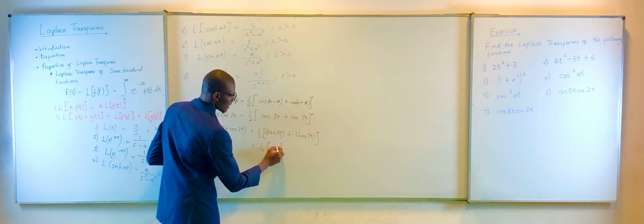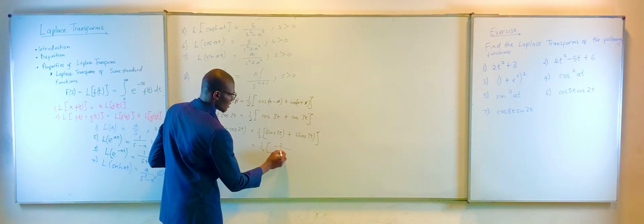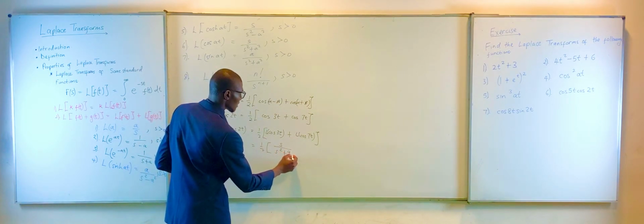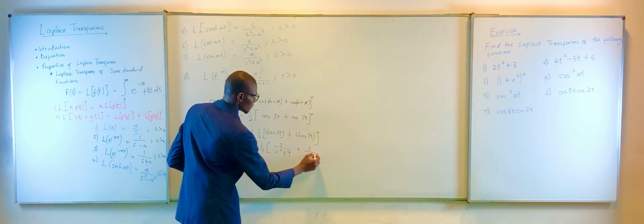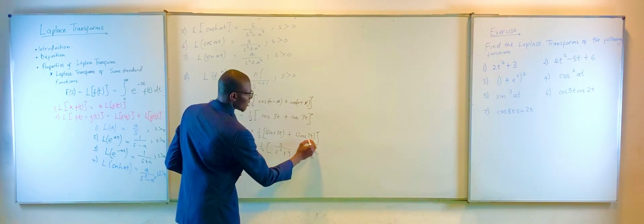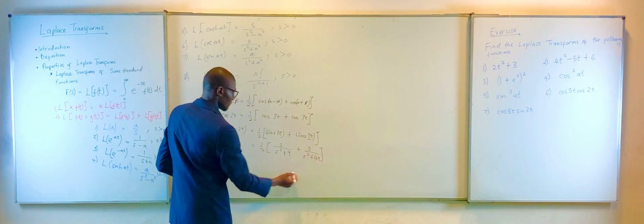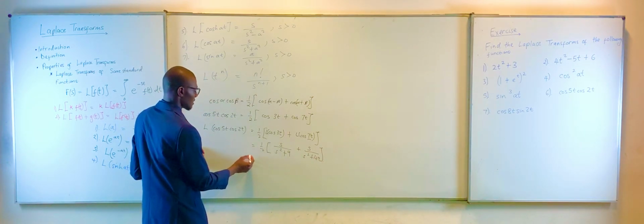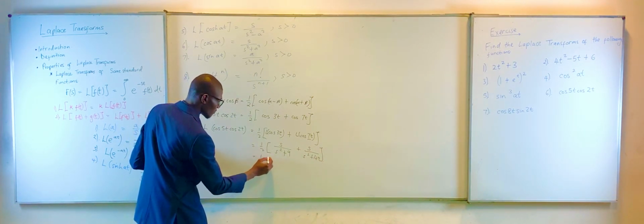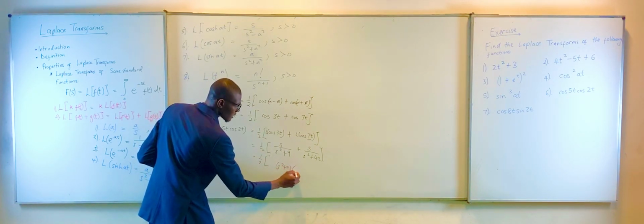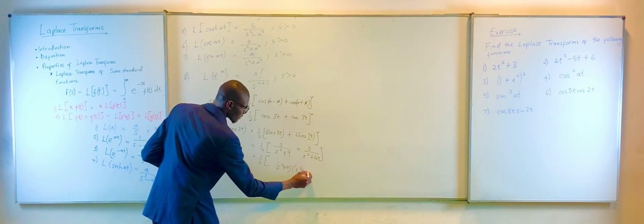We know that this is s over s squared plus a squared, in this case our a is 3, squared that will give us a 9, plus s over s squared plus, in this case our a is 7, squared is 49. So simplifying that, that will be half of s squared plus 9 times s squared plus 49.